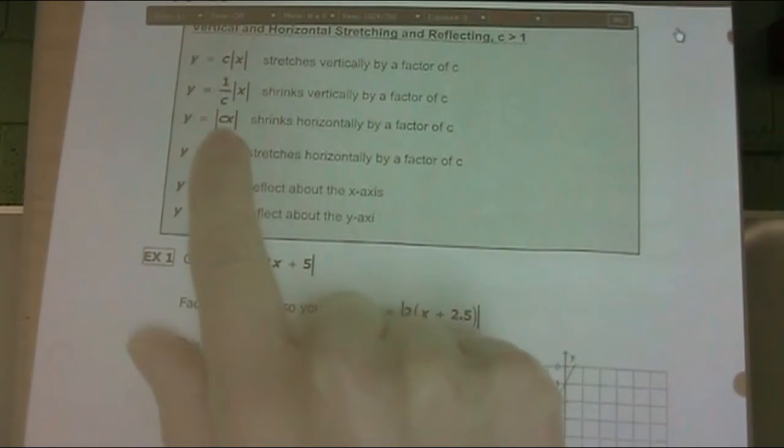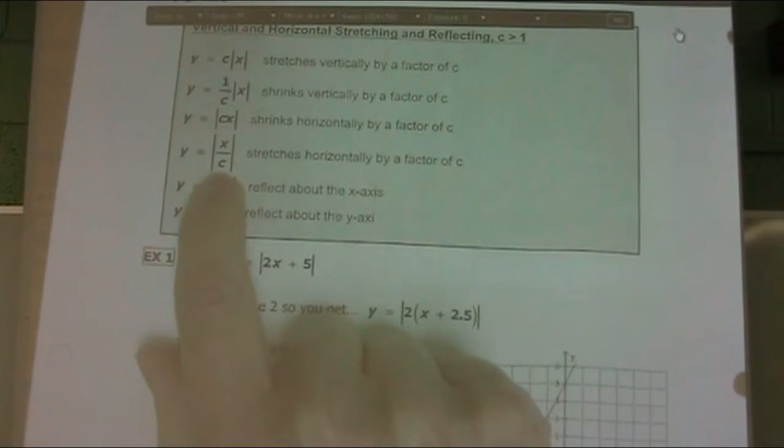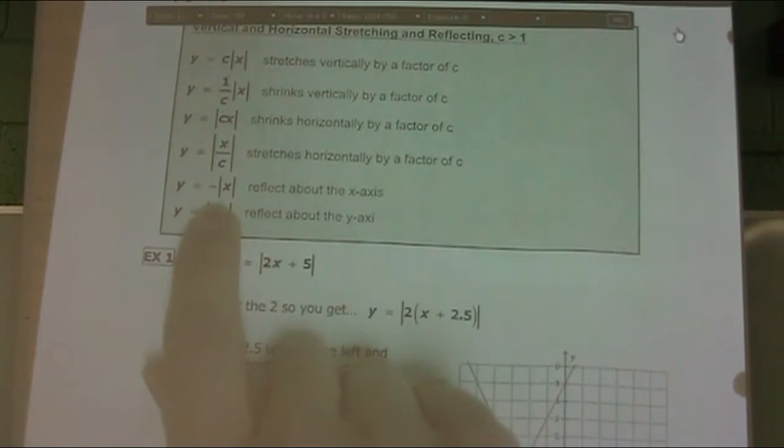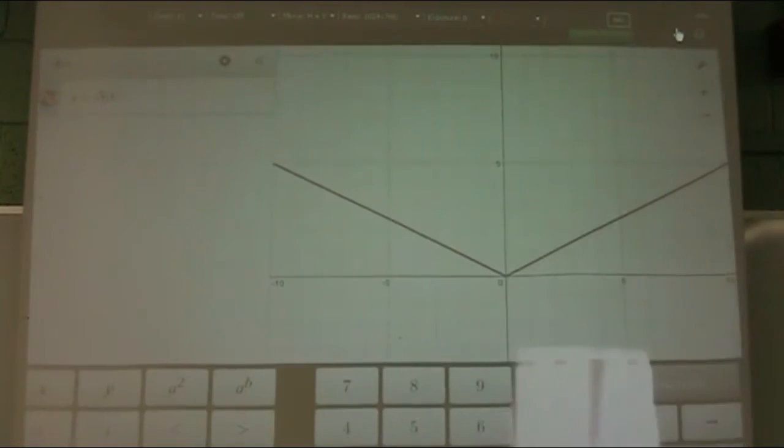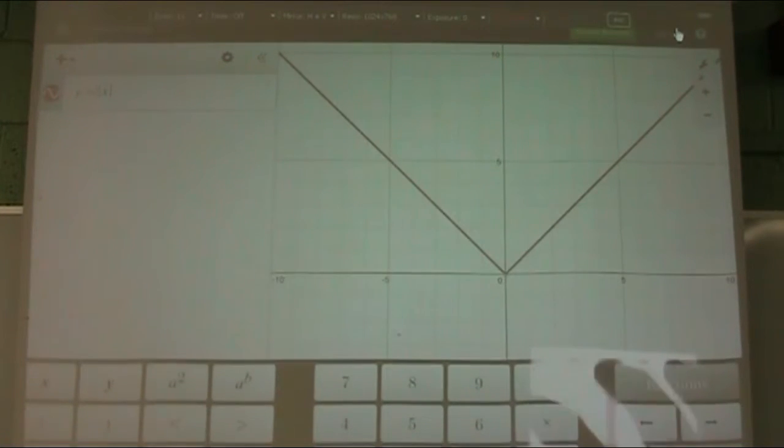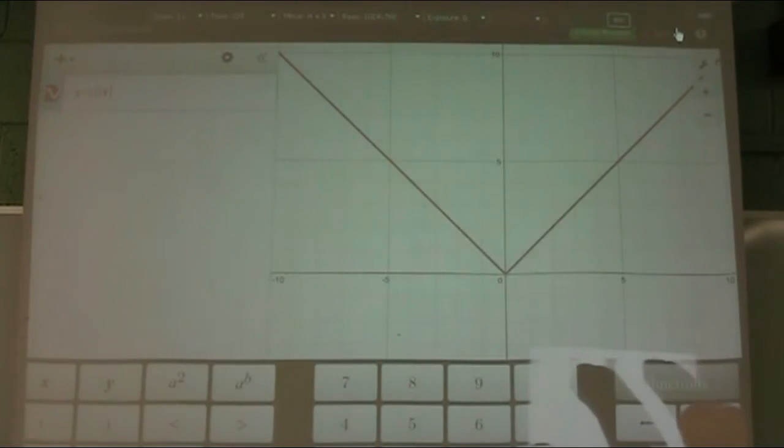If you have the c inside, it's going to shrink it horizontally. If you have the c in the denominator inside, it's going to stretch it horizontally. And we can do examples of this. If I put a negative in front of it, so here's what I'm going to do. We'll try this one. I'm going to go back. I'm going to put a negative in front of it.